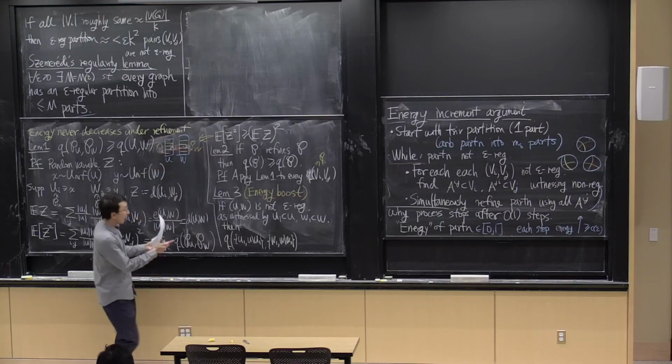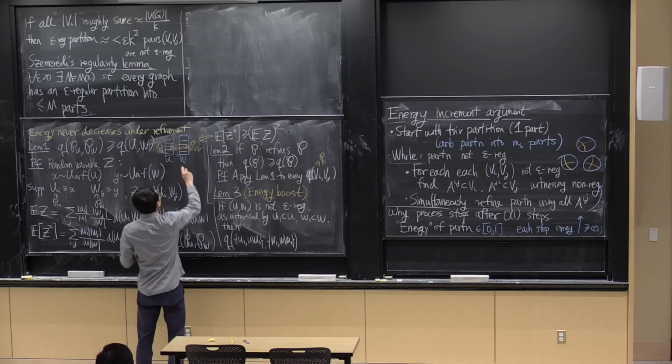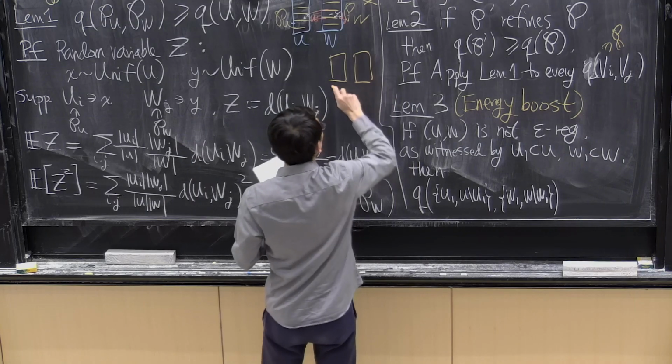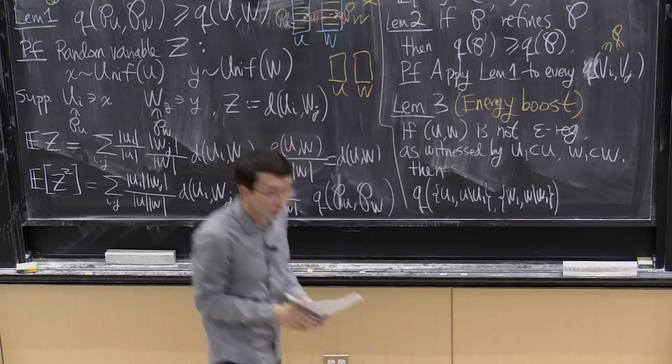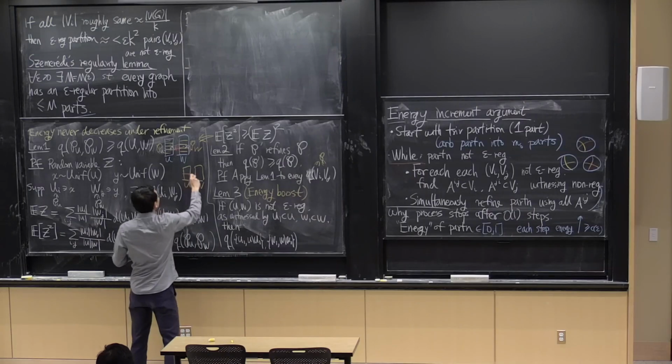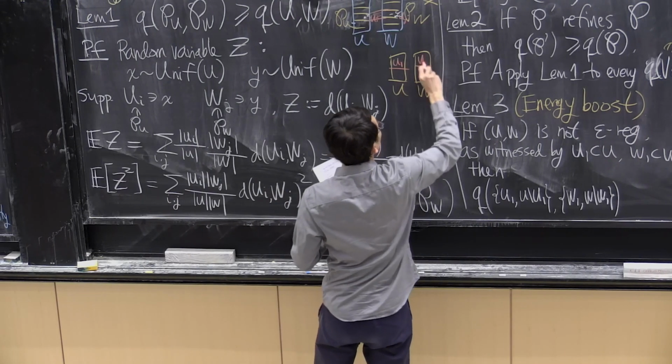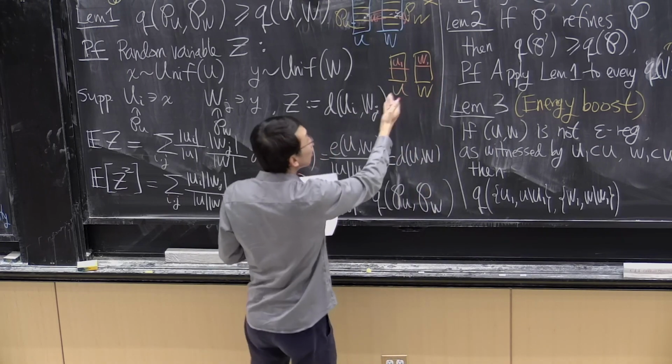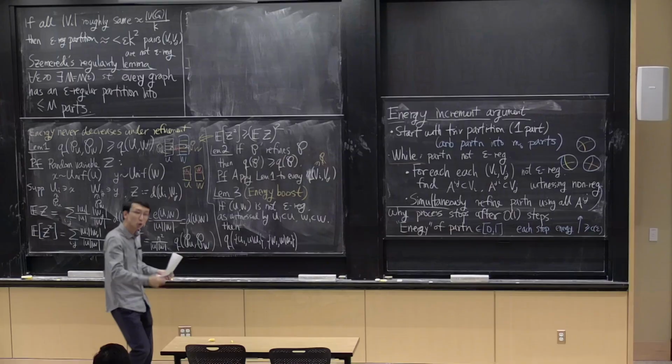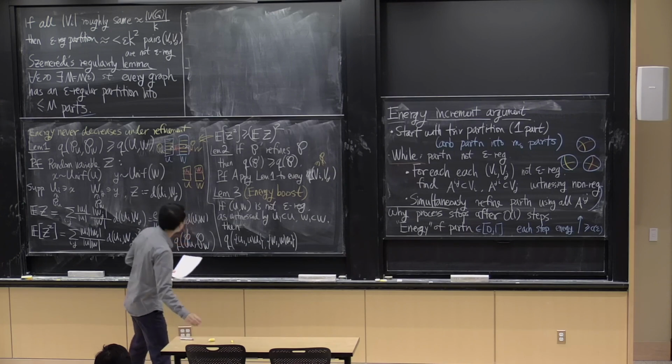Right, so here I have, again, U and W. I find a witnessing set for their irregularity. And now I partition left and right according to chop each part into two.